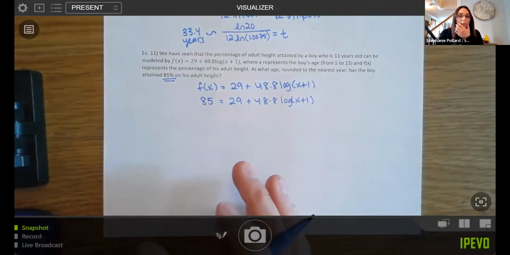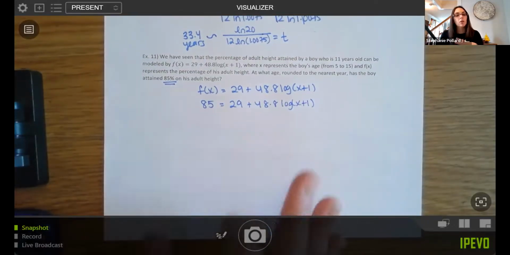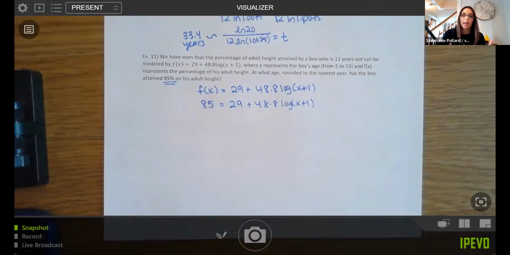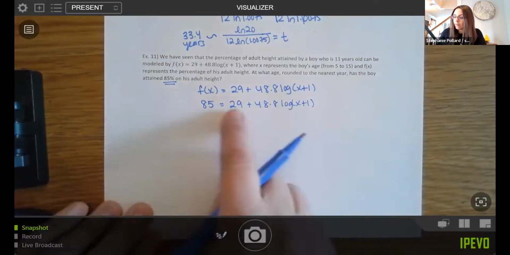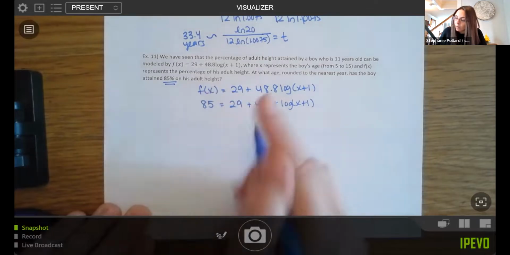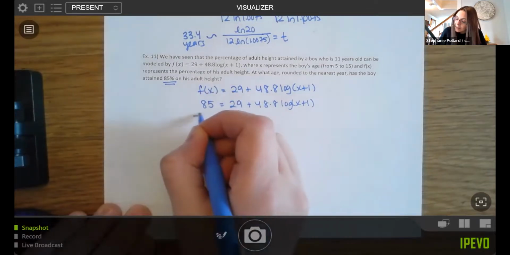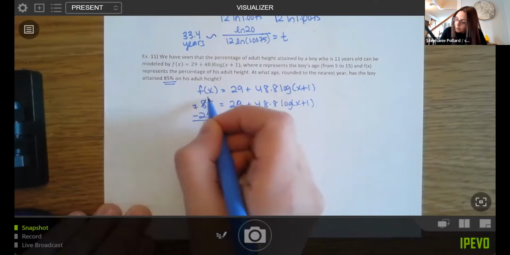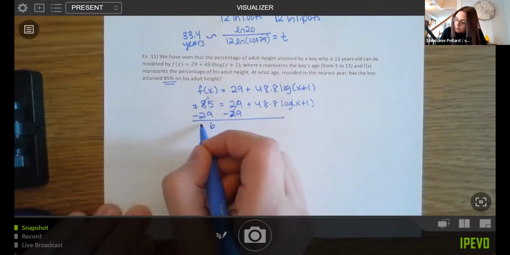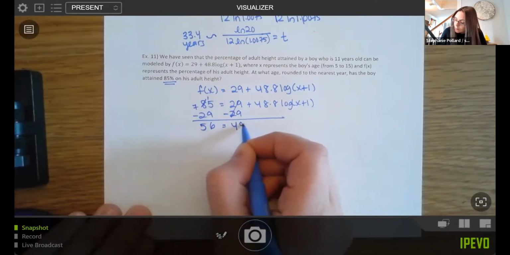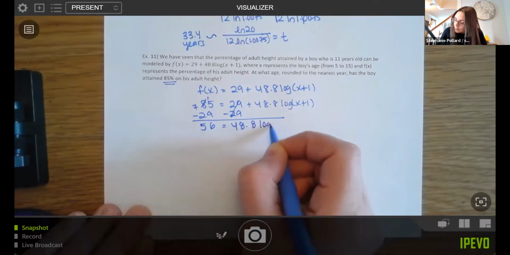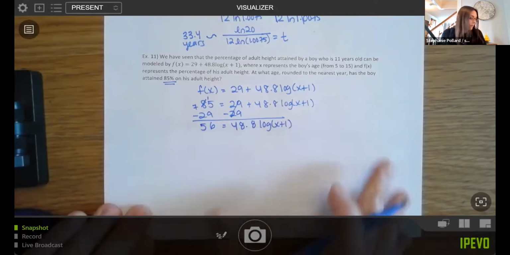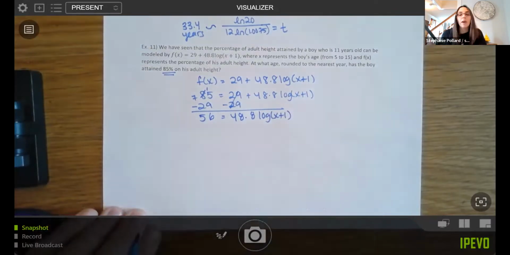A good rule of thumb is that if you have a single log or a single exponent piece, try to get that part alone. So what I'm going to do here is get rid of these numbers. I want to bring that 29 over first by subtracting it. And then again, I want to get that log by itself.